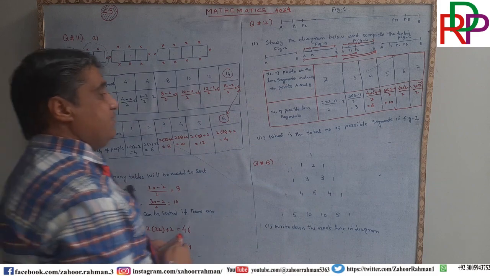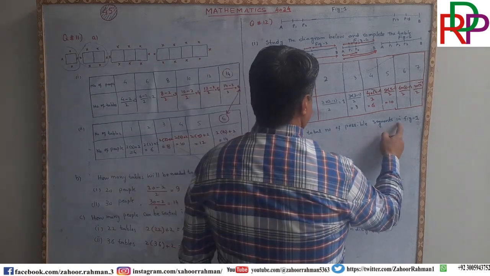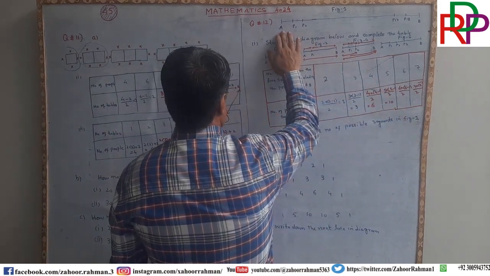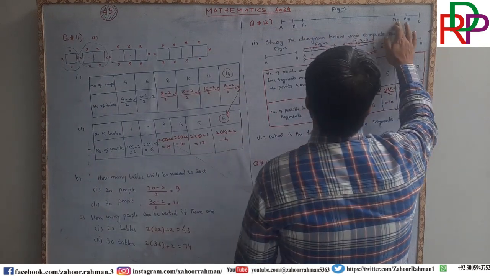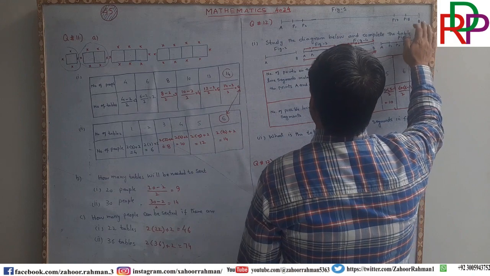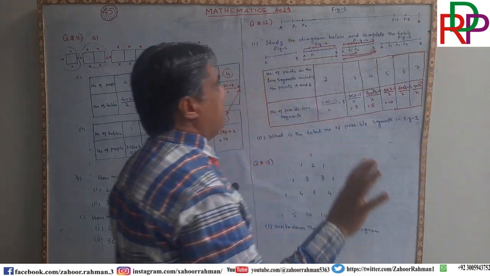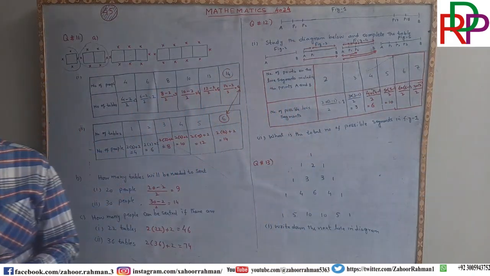What is the total number of possible segments in figure 1? P1, P2, P17, P18, and these A and B. 18 points are there.